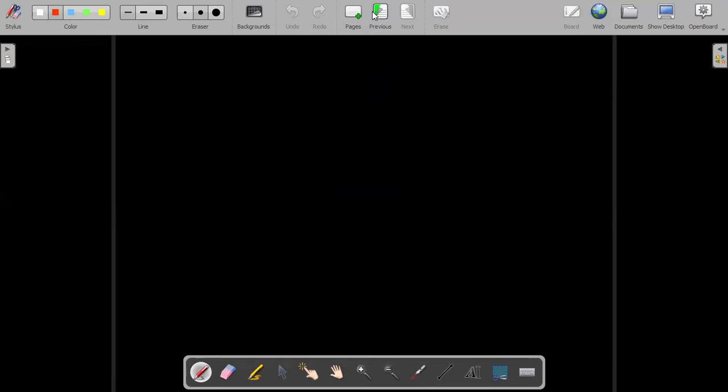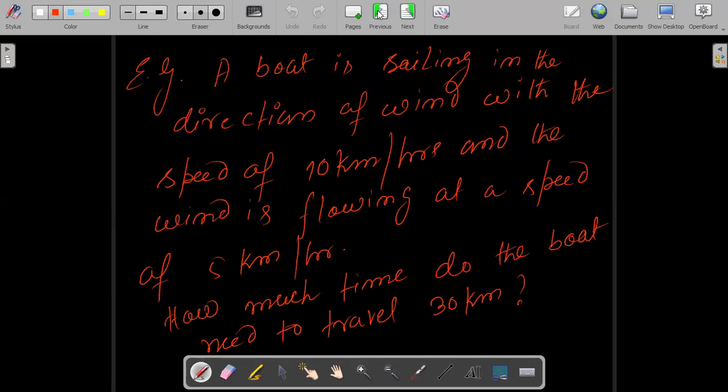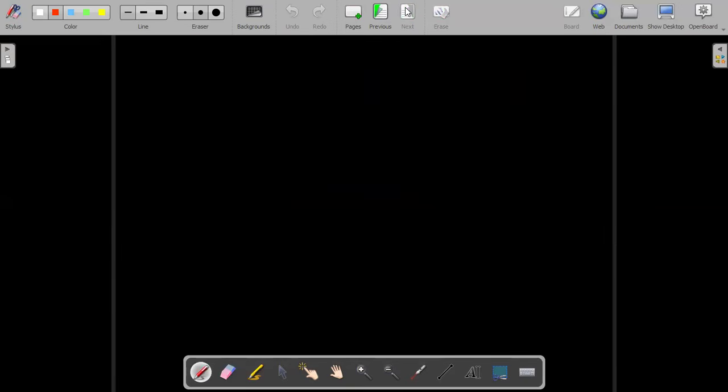The entire question is how much time does the boat need to travel 30 kilometers? So time is required. Whenever I make the sentence, I have to keep the time element in the right side of the sentence.